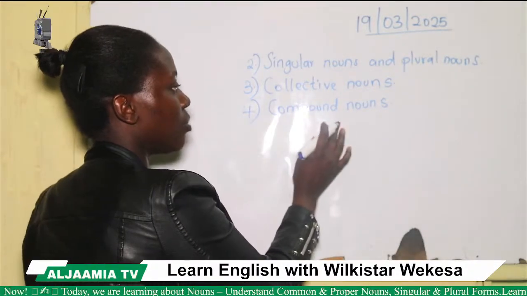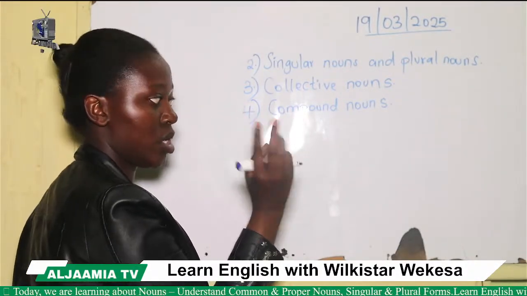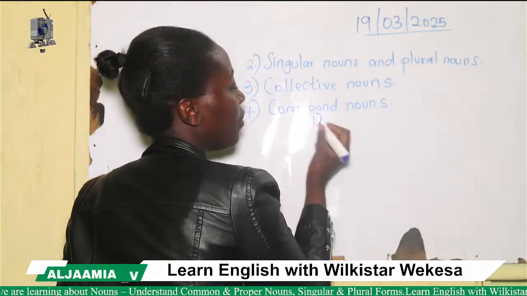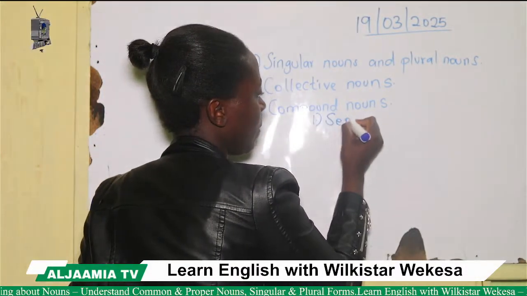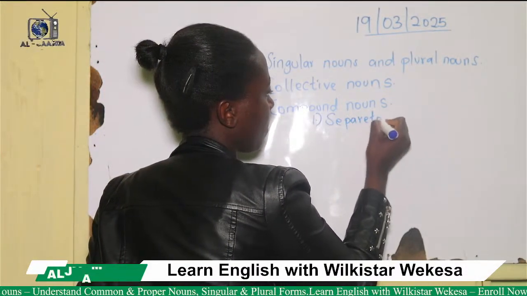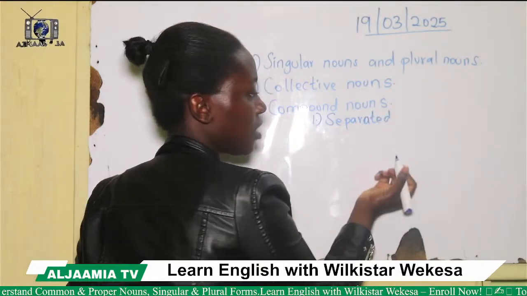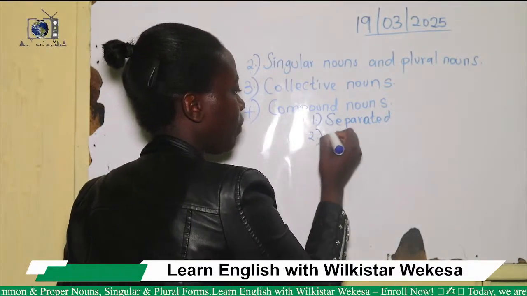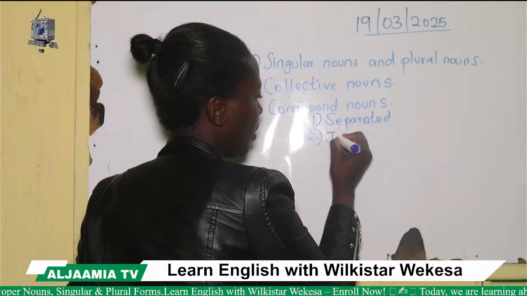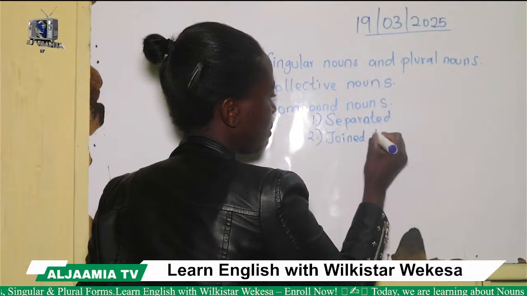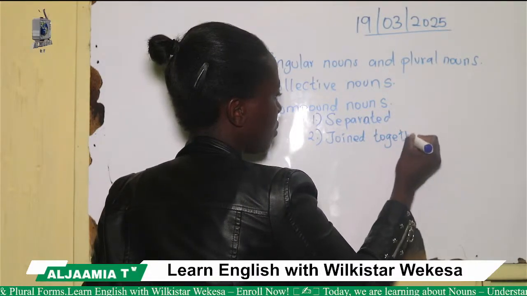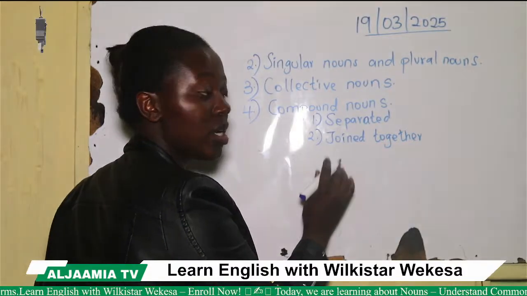For example, these compound nouns are formed in 3 ways. The first one, these words can be separated. They can be joined together. And also they can be hyphenated.